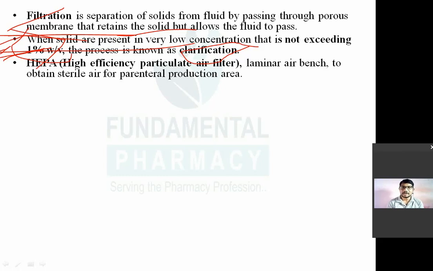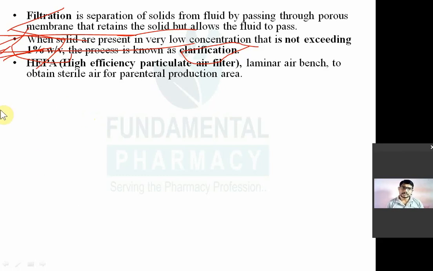So 0.3 micron means they are very efficient, and whatever molds, fungal cells or bacterial cells, most of them have their cell size in a range of 3 micron to 5 micron. That's why these HEPA filters can remove even airborne infection or airborne contamination, and provide you high purity air.